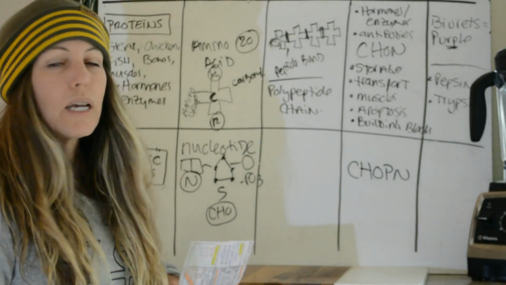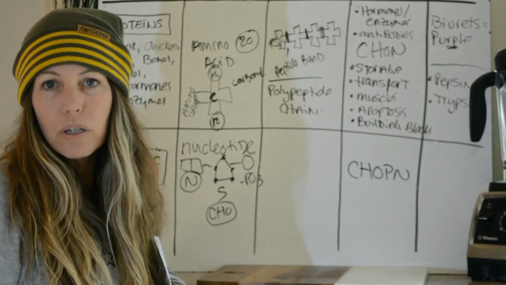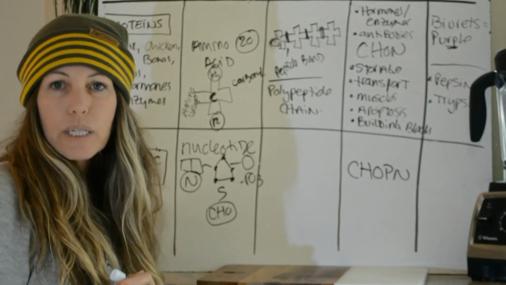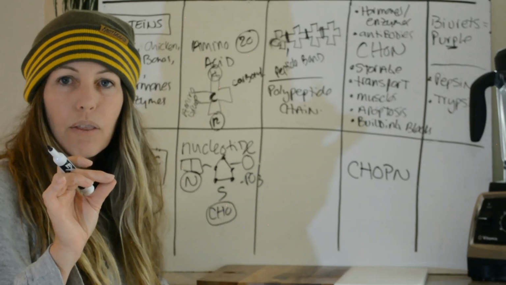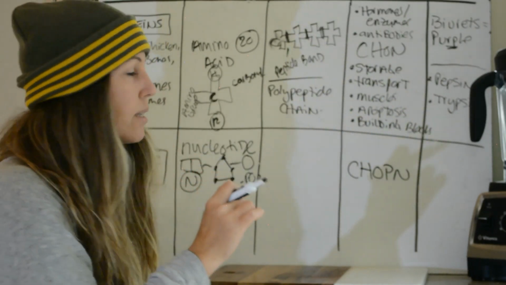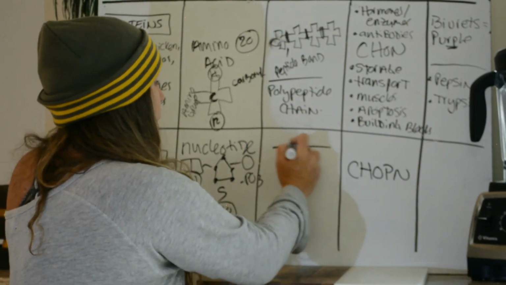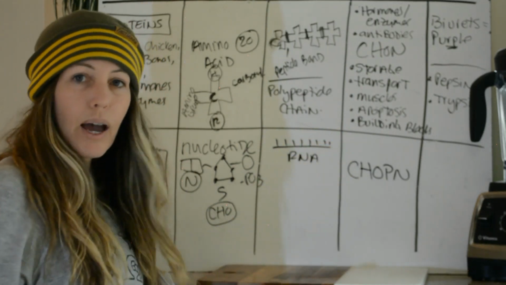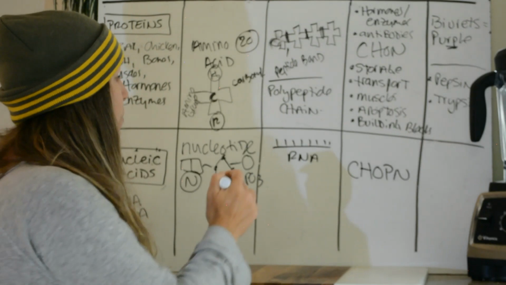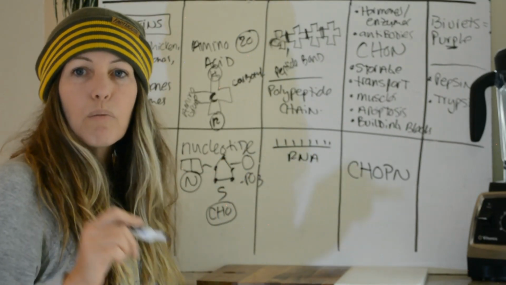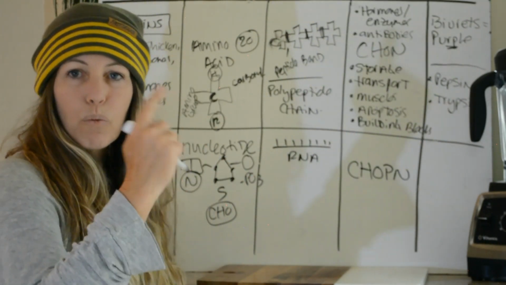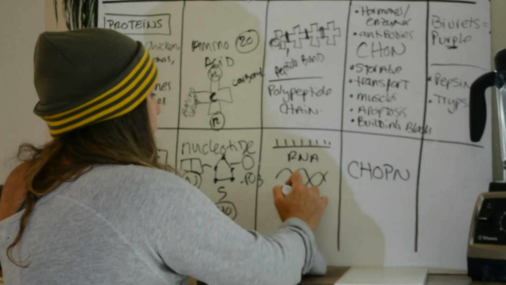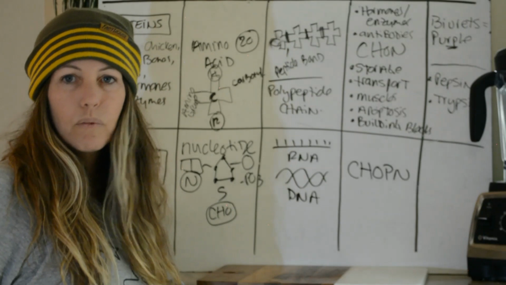Now, what does the polymer of nucleic acids look like? Well, if the monomer is a nucleotide, we're going to put together many nucleotides into a single chain. That would be RNA. So that is the polymer, all right? If we take this single nucleotide and put it into 2 chains and wrap them as a double helix, now we're looking at DNA, all right?